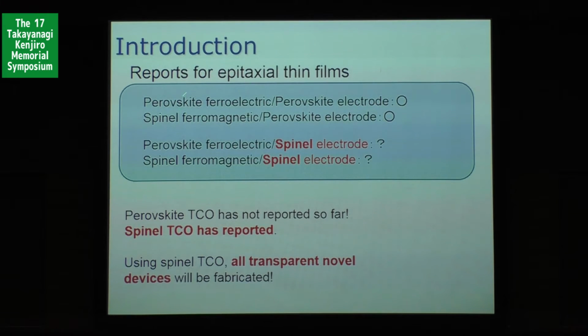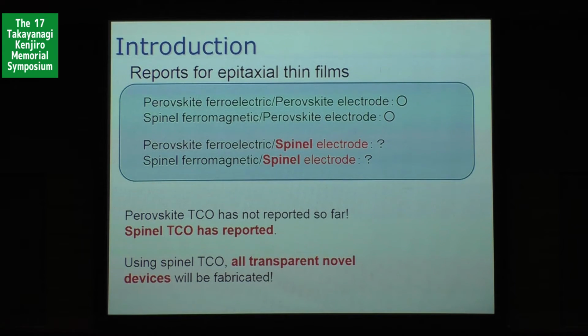So, I'd like to classify the combinations of electrode and material. There are many reports about epitaxially grown thin films. On the perovskite electrode, a perovskite ferroic material is epitaxially grown. On the perovskite type electrode, epitaxial growth of spinel ferrite has also been reported.